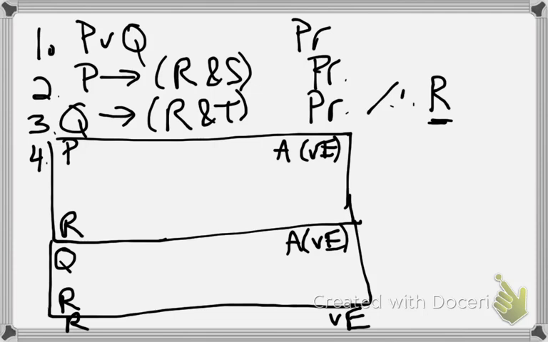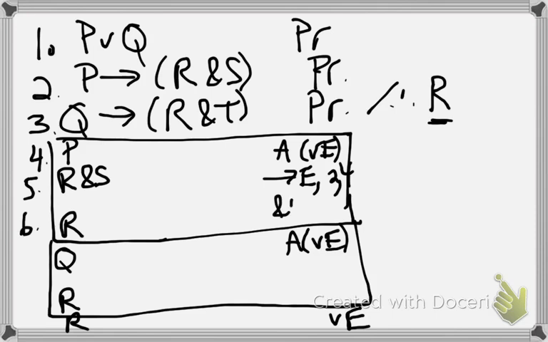So P will take us, we can get R and S by arrow elimination on lines 2 and 4. Then we can get R by AND elimination on line 5. So this Q will be line 7.